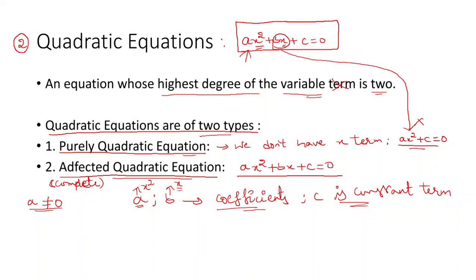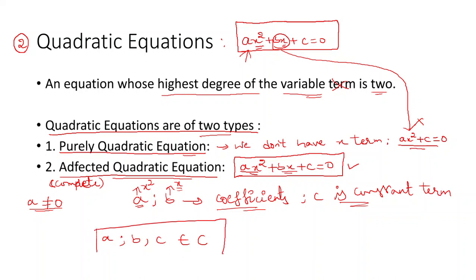So this is an adfected or complete quadratic equation, because we have the x square term and the x term. And a, b and c can belong to the complex number set, so they can take the values of complex numbers.